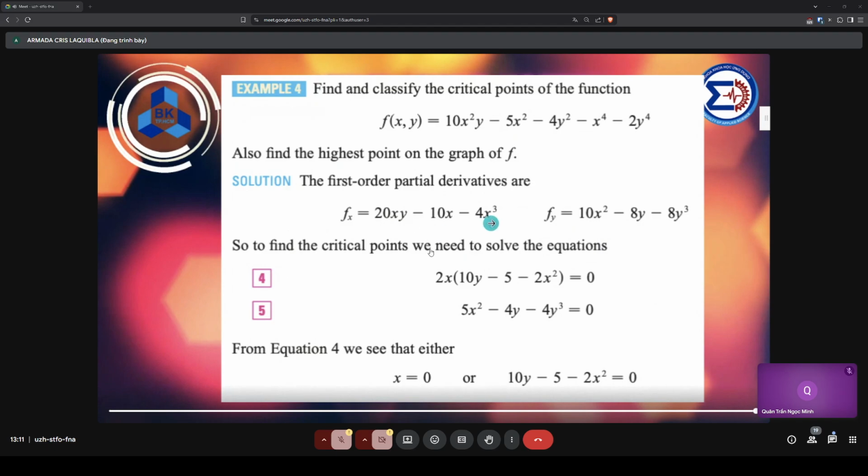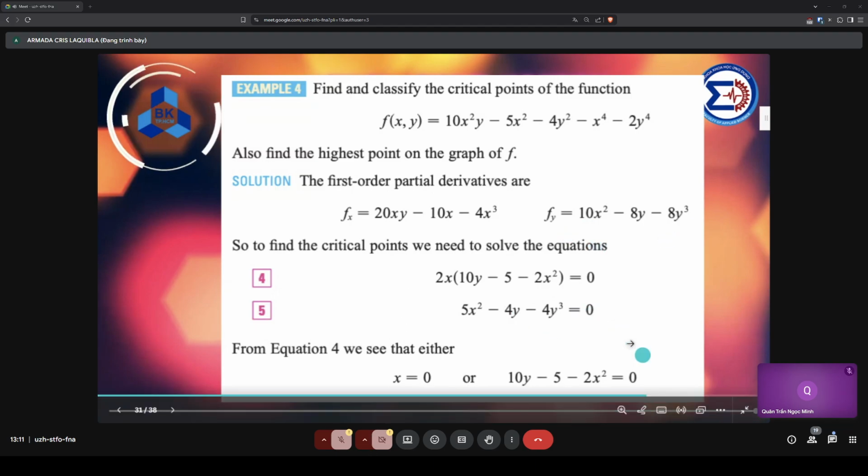This one you equate to 0, and this one also equate to 0. Here we can factor out 2x: 2x times (10y minus 5 minus 2x squared). And this one also we can factor out 2. So this one becomes 5x squared, minus 4, this one minus 4y cubed is equal to 0.